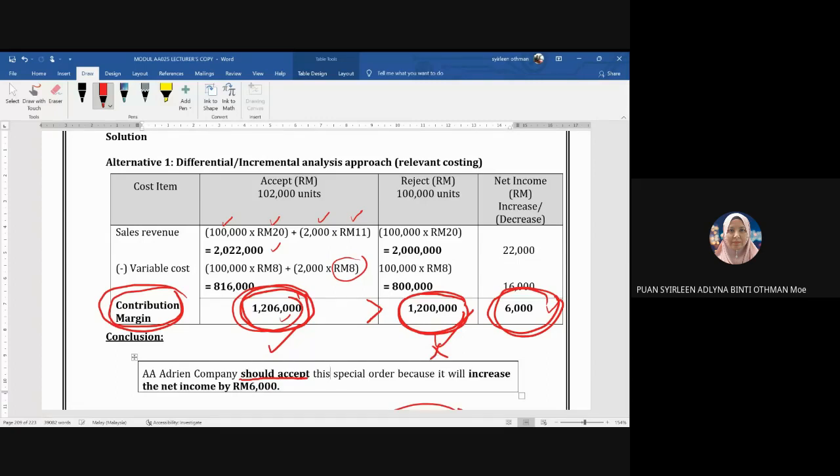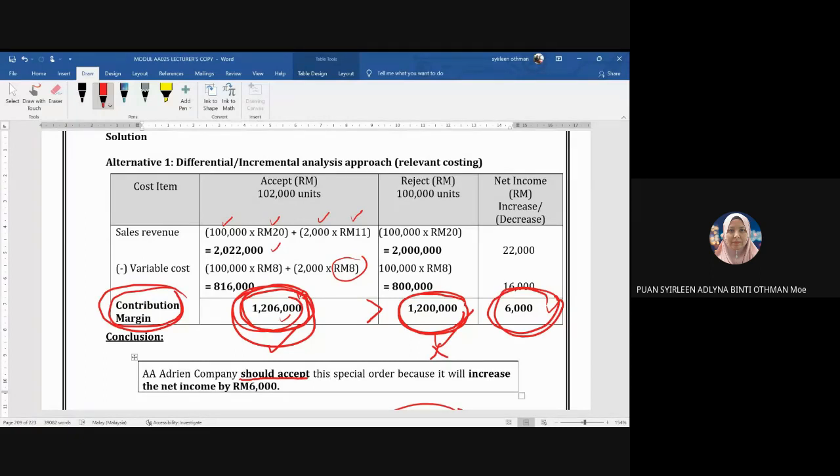Jangan hafal ya, faham. Bila kita bandingkan cost make dengan buy, kita akan ambil cost paling rendah. Barulah untung kita tinggi. Tapi bila kita bandingkan accept dengan reject, kita akan tengok untung yang lebih besar. Sebab you nak pastikan you mampu keluarkan semua unit yang diminta, which is your normal capacity production and the additional order, special order, dan masih dapat untung tambahan.